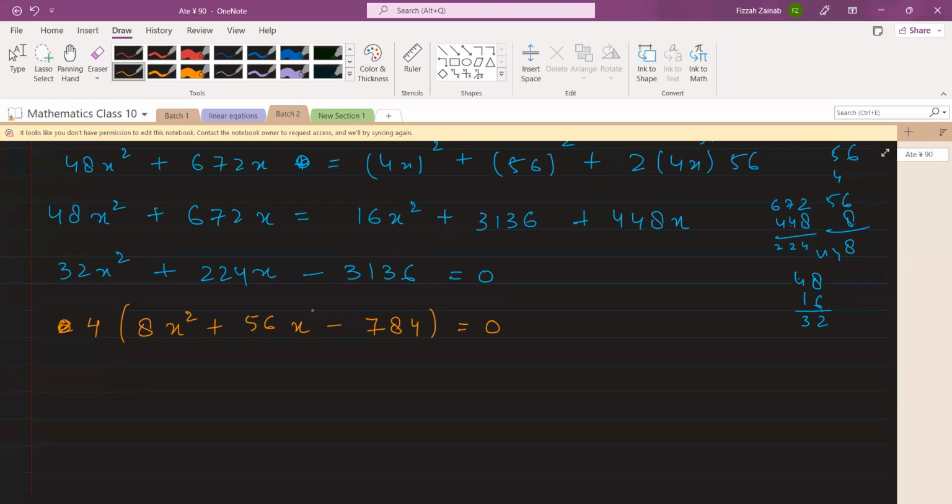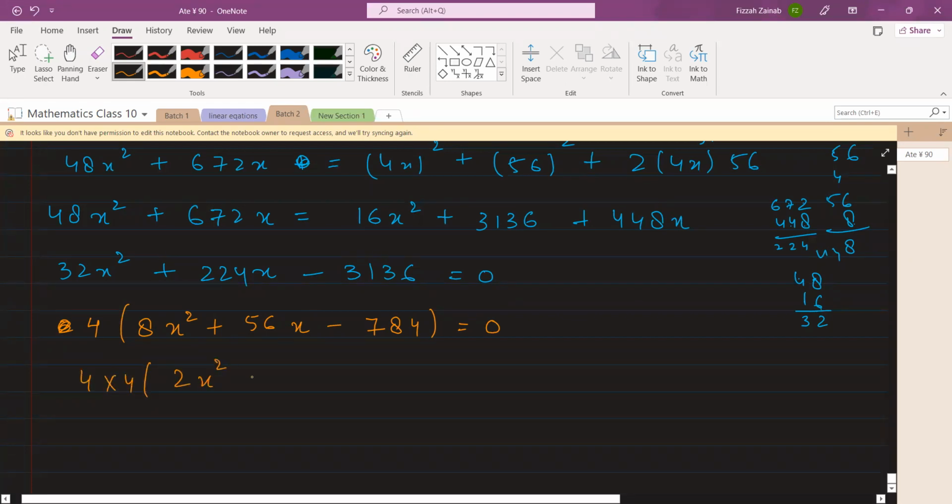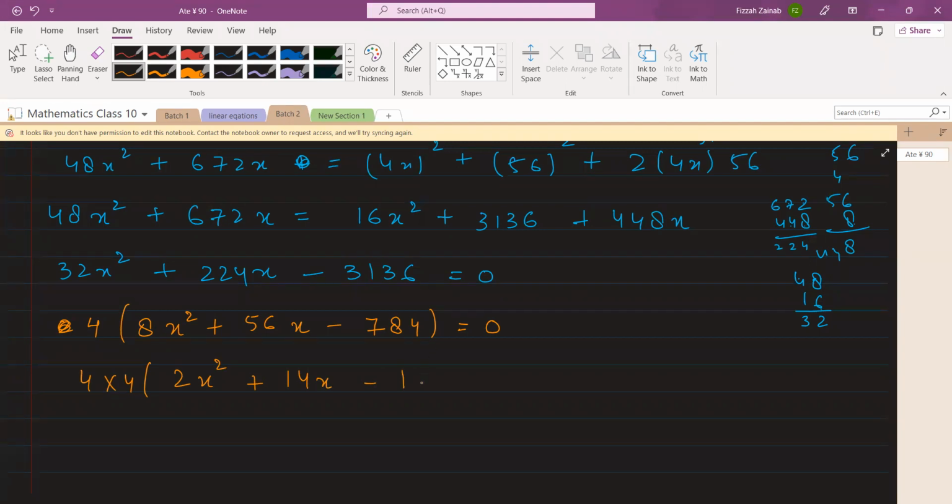Okay, let's take one more 4. So 4 into 2x square, 4 into 56x is 224x, minus 4 into 196. I think again I can take 2 common, right?